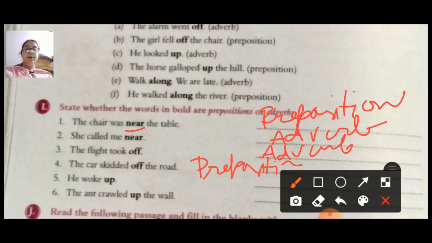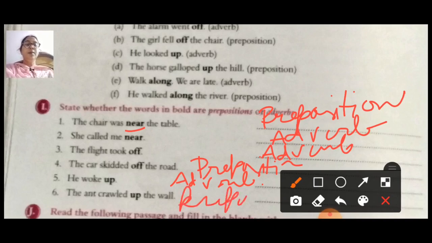He woke up. Now he woke up over here, adverb. And the car crawled up the wall. So now up the wall over here, preposition. So you just complete it.